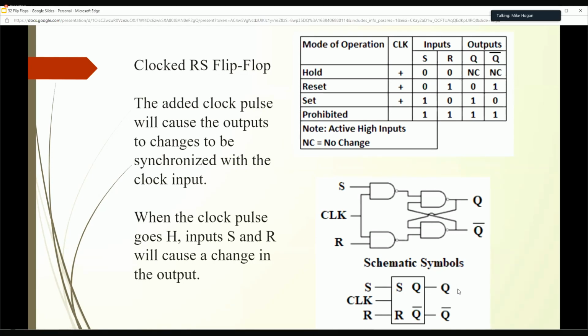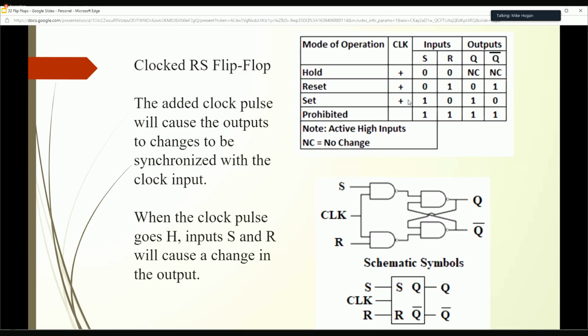If neither of those inputs are active at that point, so let's say they're both zeros, well, we'll continue to hold that 0 on Q. It's not going to change Q until it gets all of these variables met. I'm going to have something that's going to be a different output plus that positive clock pulse.